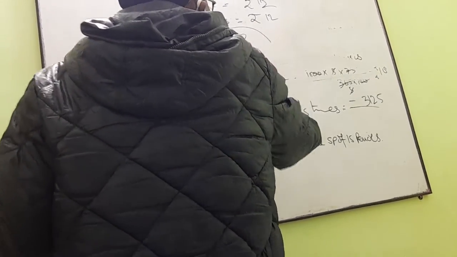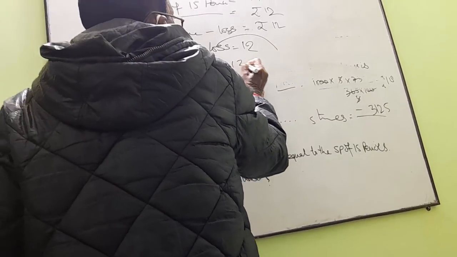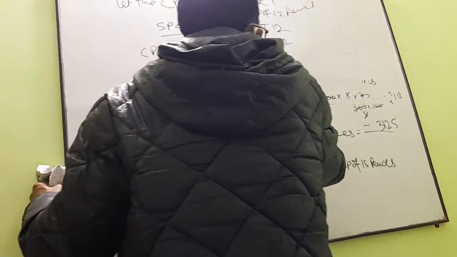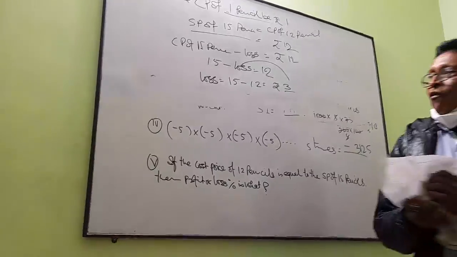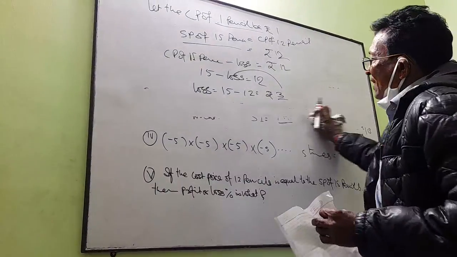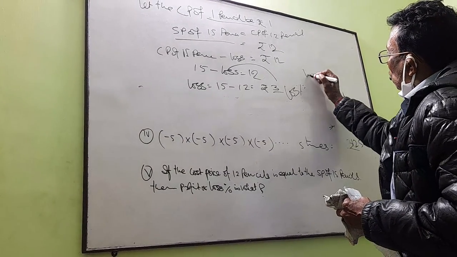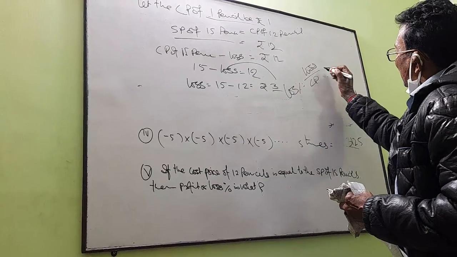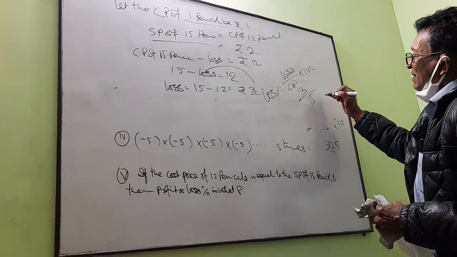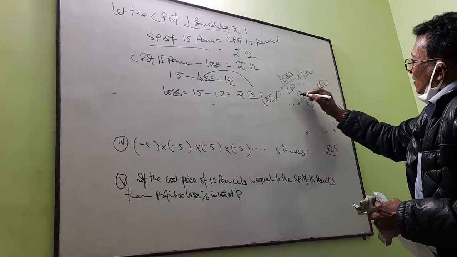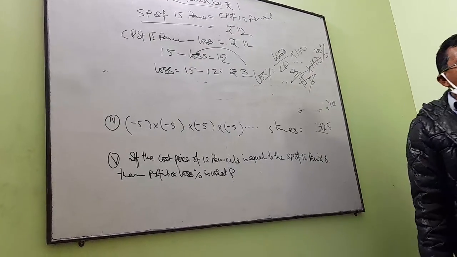So loss will be equal to 15 minus 12, and that is rupees 3. Rupees 3 is the loss, and the loss percent you are to find. So what is the formula for loss percent? Loss percent is equal to loss by CP into 100. So loss is 3 and CP is of 15 pencils, into 100. 3 5s are 15, 5 20s are 100. So its answer will be 20%.